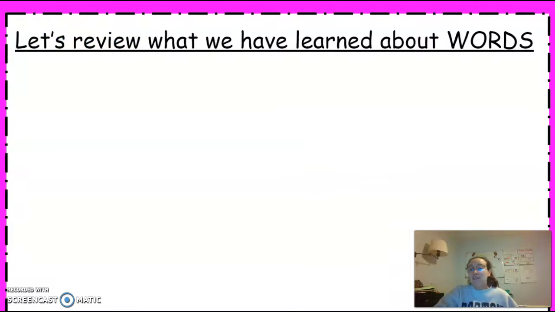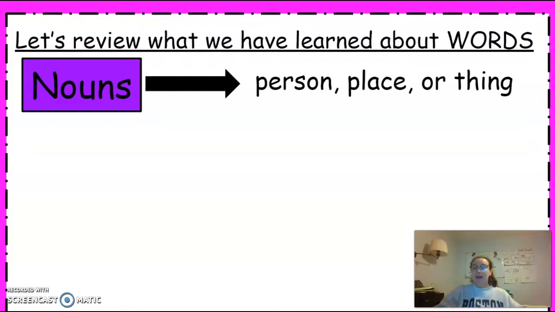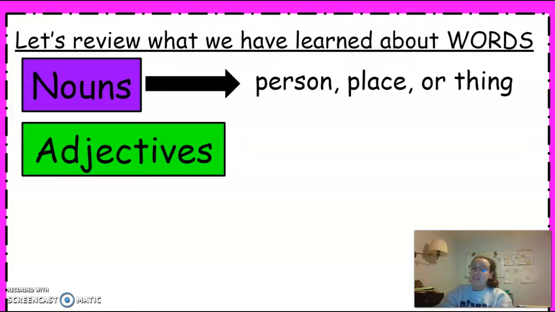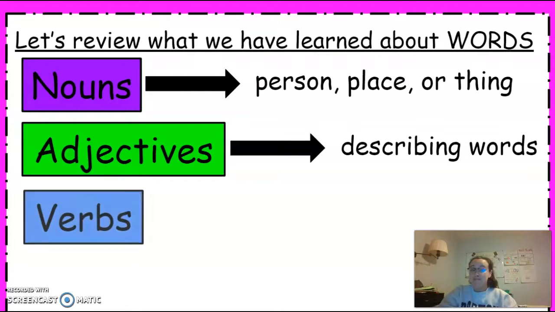So let's review the different types of words that we have learned so far. First, we learned nouns. Now remember, nouns are a person or animal, a place or a thing. We also learned about adjectives. We know that adjectives are describing words, right? They help us describe what something looks like, or even how many there are.